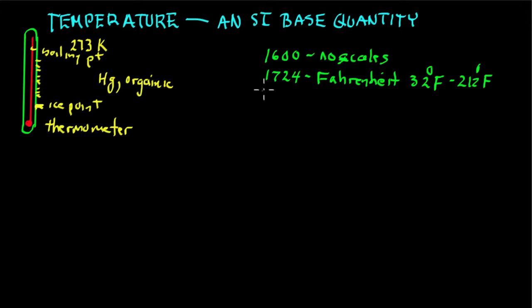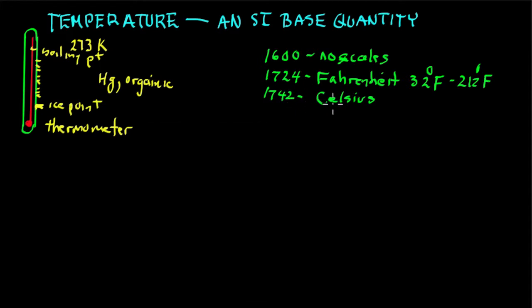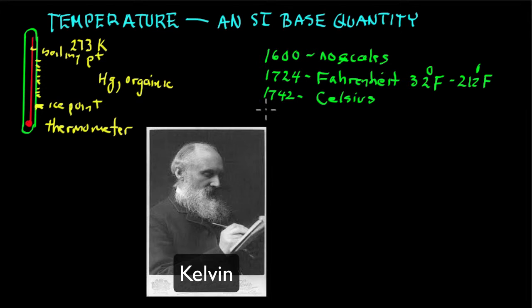About 20 years later, in 1742, a scale was developed by a man by the name of Celsius. It was called the centigrade scale for a long time, but it was changed back to honor Celsius. And a mere 100 years went by, and we have the Thomson scale now, which we call the Lord Kelvin scale.